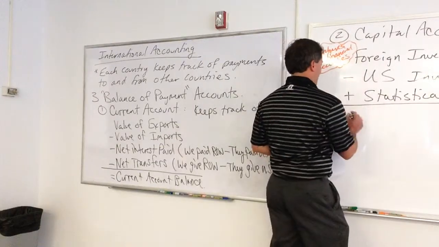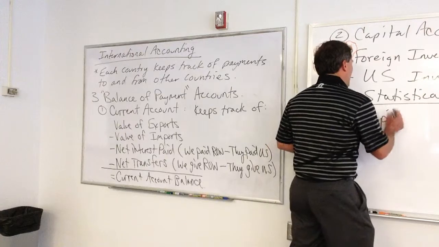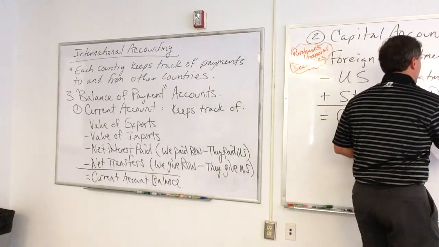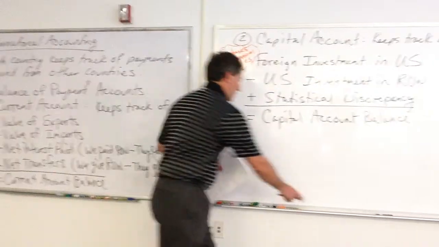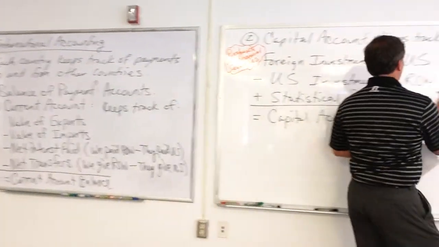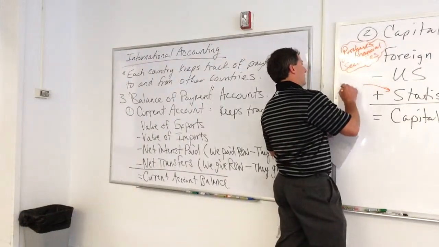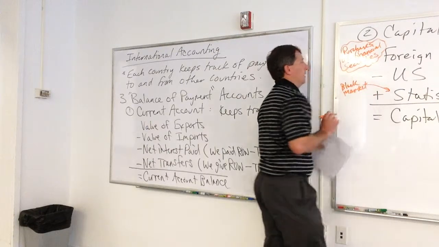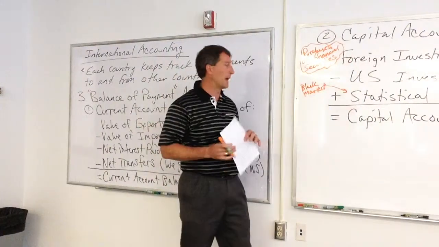And so we add up these three things, and we get the capital account balance. And so statistical discrepancy picks up illegal, so black market type transactions. It probably can pick up little whoopsies of accounting errors that didn't quite match.